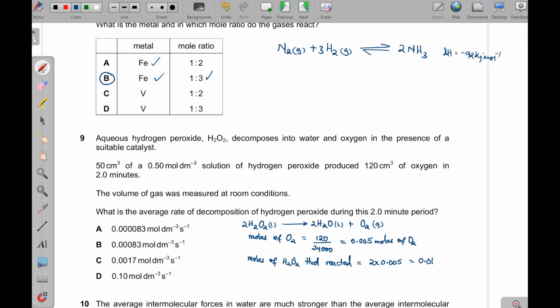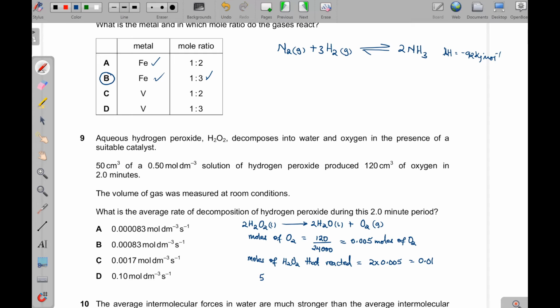Now the total number of moles in here, we shall get this 50 divided by 1,000, then times this. But these are the ones that have reacted, and they are coming from this volume of 50 cubic centimeters.